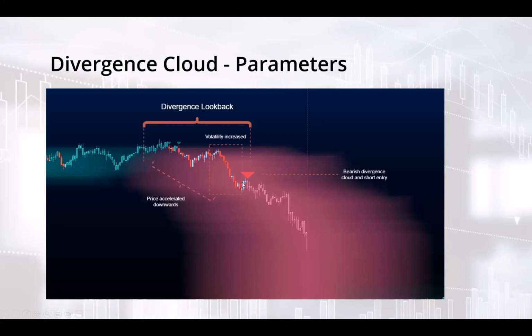But at the same time, we can also see that volatility has increased. And again, volatility is just a fancy word for bar sizes. Now, it doesn't really make sense to only look at one particular bar. Instead, it's better to look at the average bar size at any given moment in time.